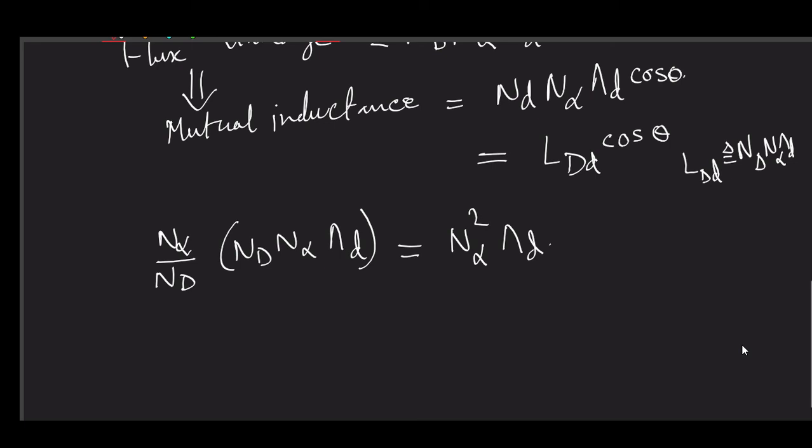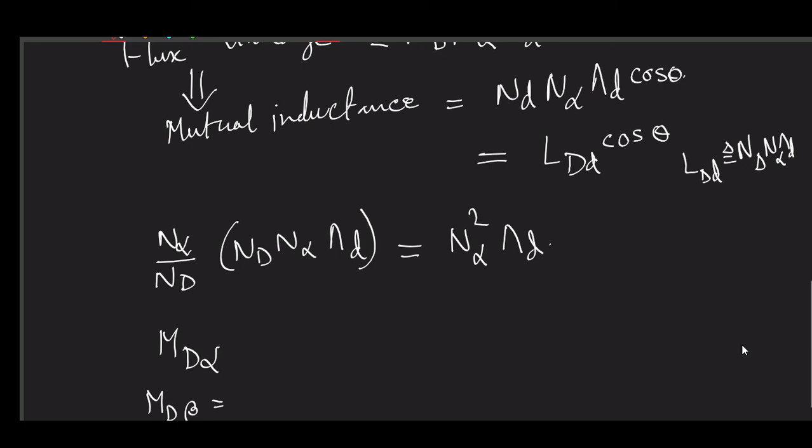Now likewise M d alpha, we can calculate M d beta, that is equal to all the components replaced, theta should be replaced by theta minus pi by 2. In case of beta winding, theta should be replaced by theta minus pi by 2.